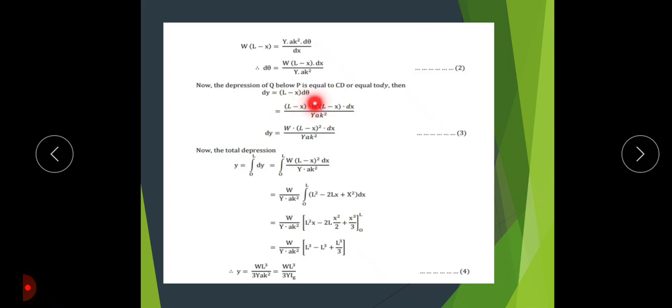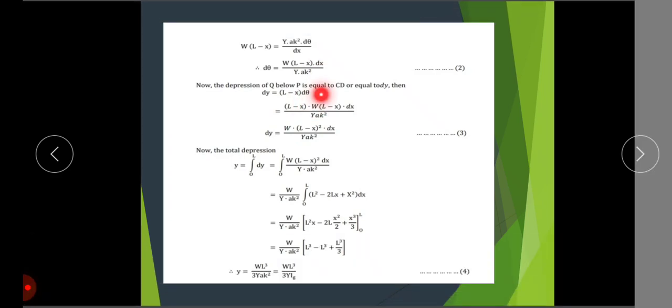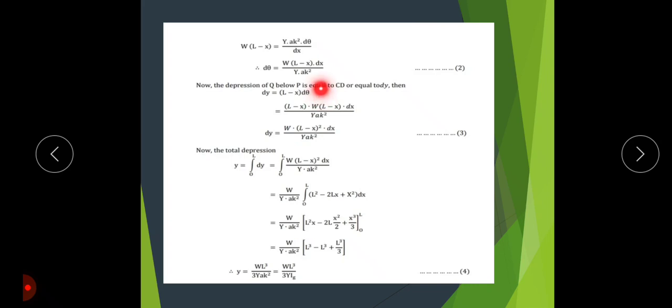We know from equation 2 that dθ is equal to w into (L minus x) into dx divided by Y A k square. Substituting the value of dθ, dy is equal to (L minus x) into w into (L minus x) into dx divided by Y A k square.